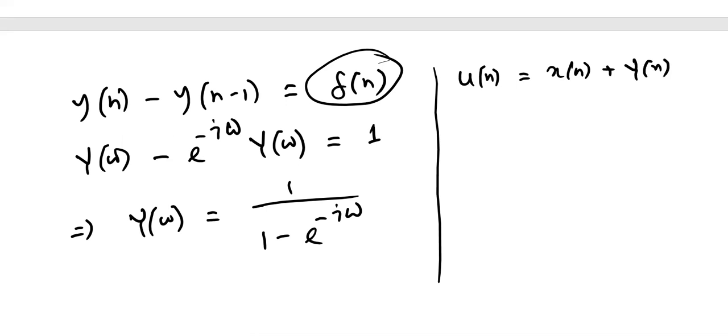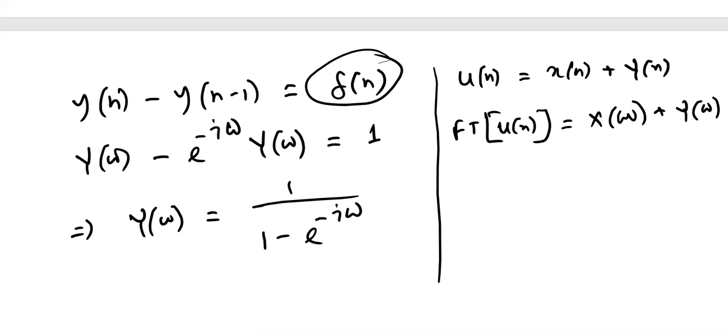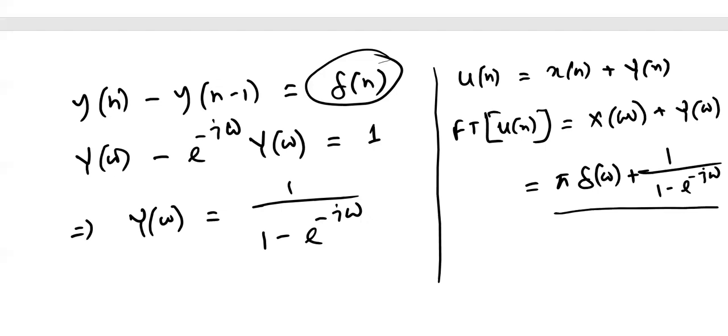So we can write the Fourier transform of u[n] is equal to X(omega) plus Y(omega), and that is, as previously found, pi times delta(omega) plus 1 divided by 1 minus e to the power minus j omega. So this is the result. If we do the Fourier transform, you will get this function. It can also be written as this.